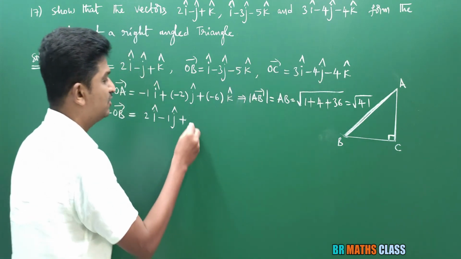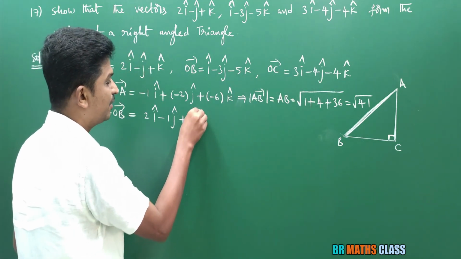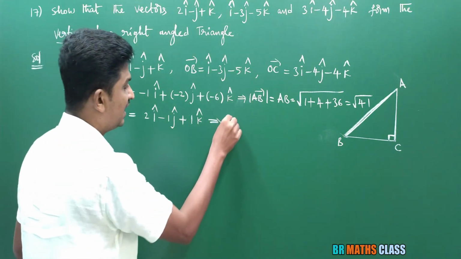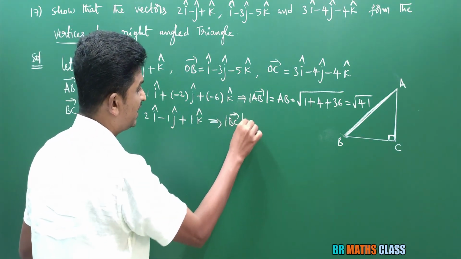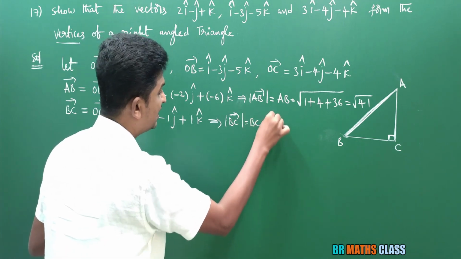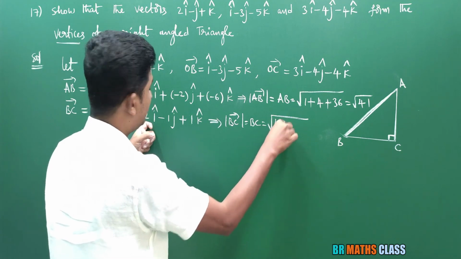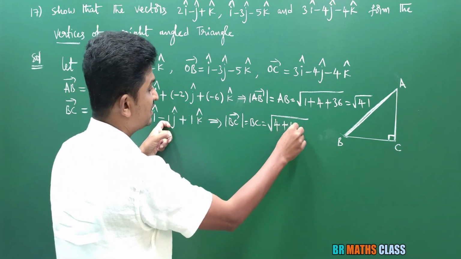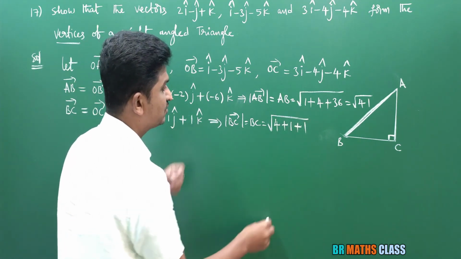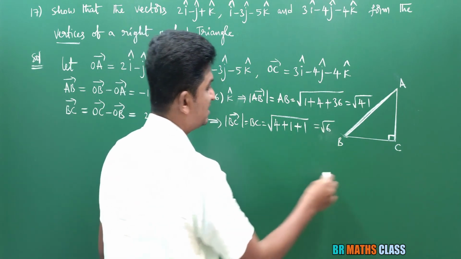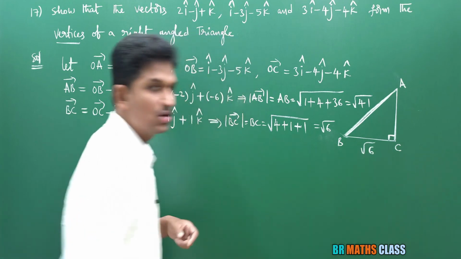Minus 4 plus 5 is plus 1 into K cap. What is this? This is the vector BC bar. I need BC, so I will calculate magnitude of BC bar. Magnitude of BC bar is nothing but BC. How to calculate BC? Square root of 2 square is 4, plus minus 1 whole square, that is 1, plus 1 square is 1, that equals root 6. What is this root 6? BC. I got this length BC as root 6.